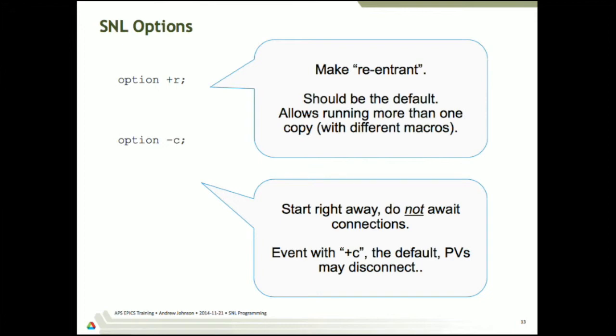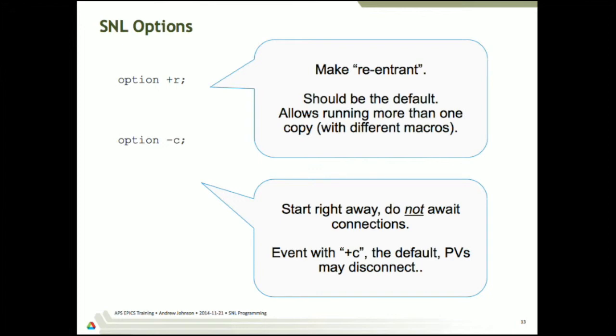Normally, if you don't have this option line at all, or you have it with +c, which is the equivalent of not having the option, then the sequencer starts up and tries to connect to all the channels that you tell the program to connect to, but it won't start executing state transitions until all the channels have connected.